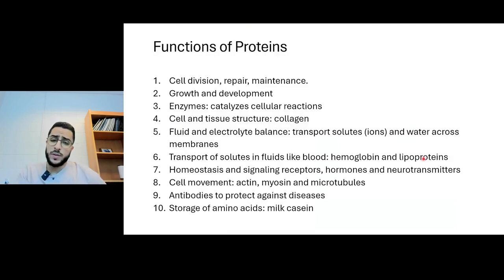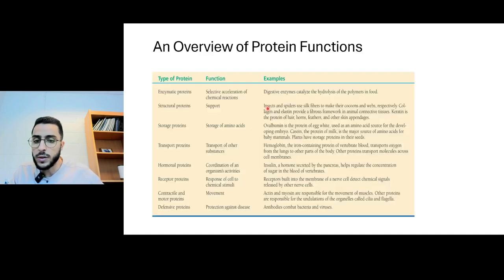The function of proteins, I talked about it in the lecture. You don't need to learn them by heart, but at least understand that there are many functions, and be aware of them. So you can read this on your own time. This is just a few examples talking about the same stuff. There are many types of proteins, and these proteins have different functions. So you need a highly diverse group of proteins.